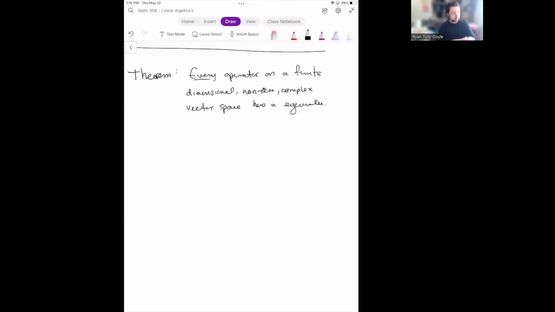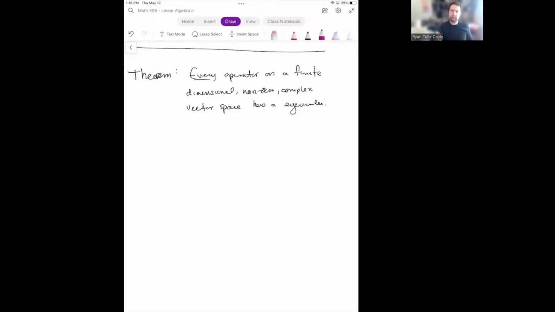Okay, so this is an important proof because it has a really major idea inside of it. And all of these hypotheses are necessary. If the space isn't complex, we saw an example in the last class of a map, the rotation map, that didn't have any eigenvalues or eigenvectors. And of course, the only way that could happen is if we were in a real vector space and not a complex one.